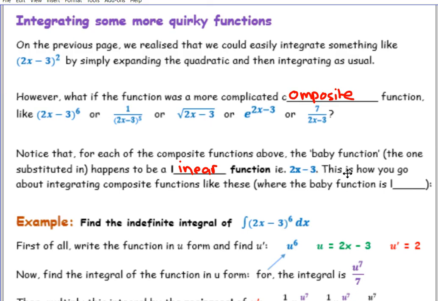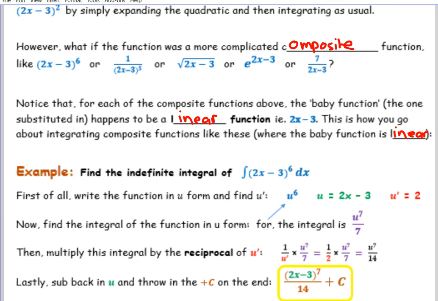This is how you go about integrating a composite function like these, where the baby function is linear. Remember, baby function is just my nickname for it. Don't write anything like that in your exams or an IA, or they'll just think you're insane.